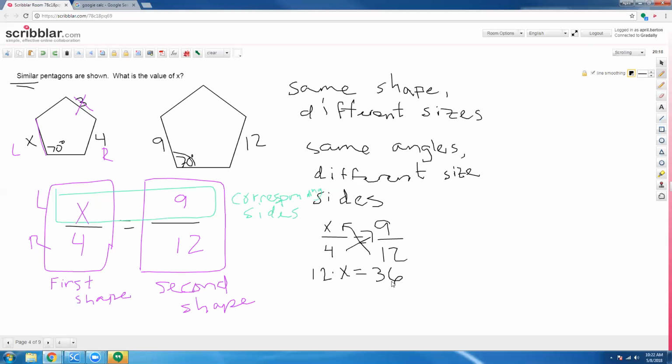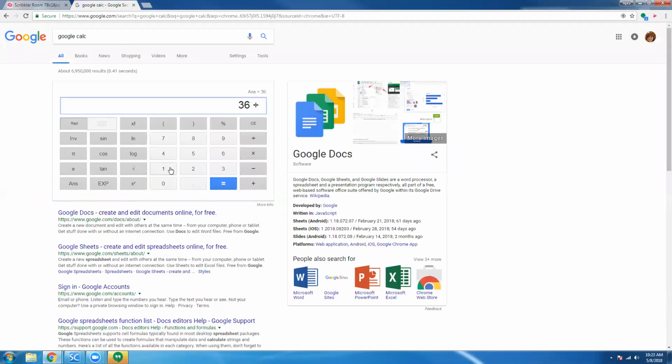Cuts out a step, but that's up to you. It just depends on how many steps you prefer writing out. So we do the opposite now of multiplication and divide. The opposite gets rid of the 12 on the left side and moves it over to the right. And then we do that division. 36 divided by 12 is 3.